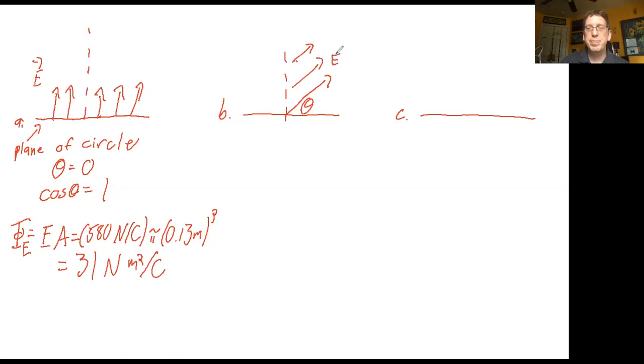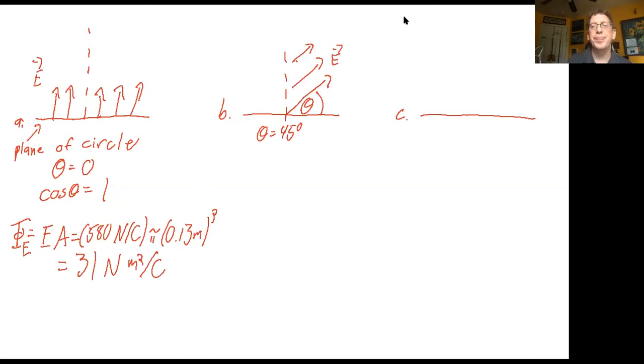So the electric field is pointing at an angle. And so in this case, theta is equal to 45. So if it's making an angle of 45 degrees with the face of the circle, it's also making an angle of 45 degrees with the line that's perpendicular to the plane of the circle.